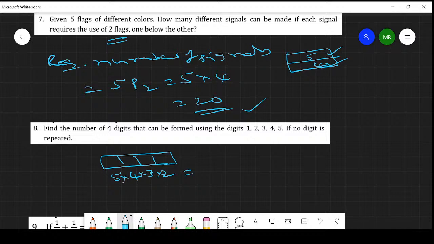It comes now 120. Your answer is 120 here. So here that means the number of 4-digit numbers is equal to 120.